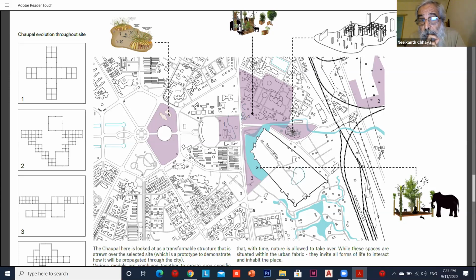So the trees and the humans and the wood for making the platforms and the transport for bringing that wood and all those things are part of the same cycle. And you will have to bring other actors also.